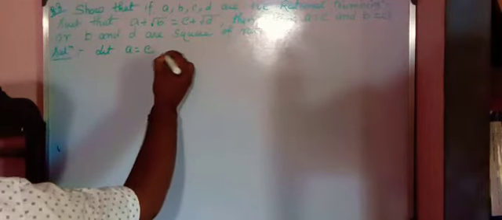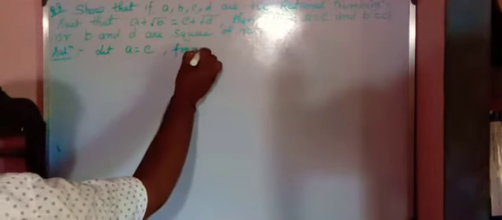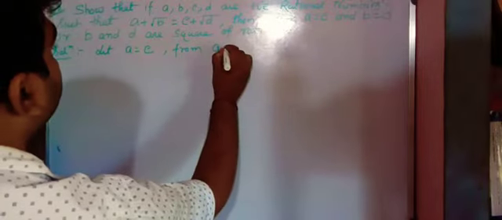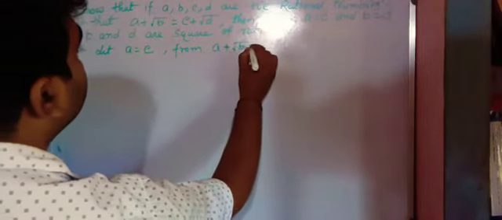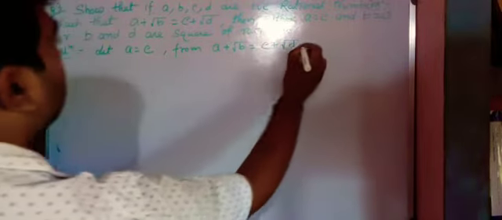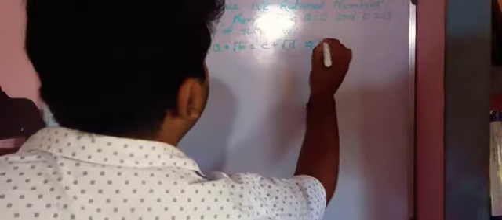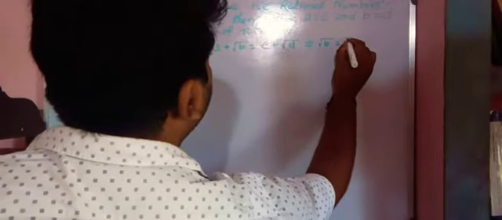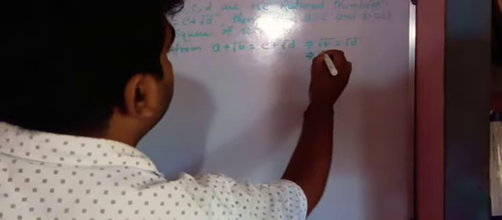Then from a plus root b equal to c plus root d, that's implying root b is equal to root d, that's implying b is equal to d. Okay, this is the first case.